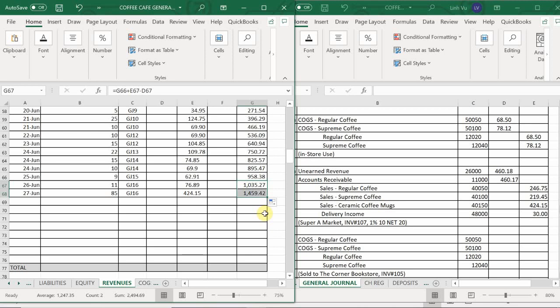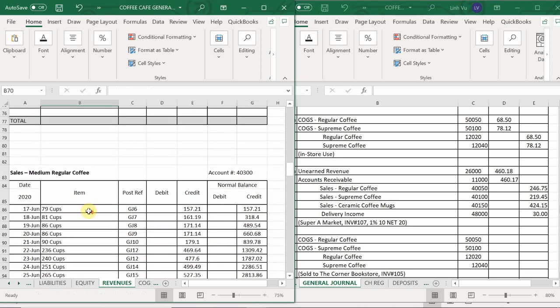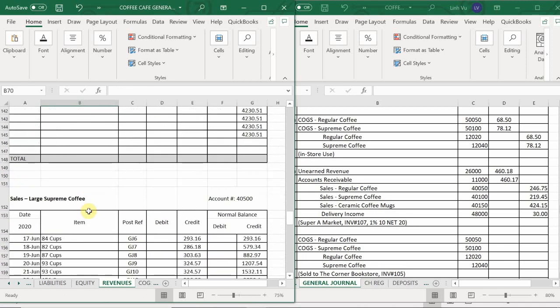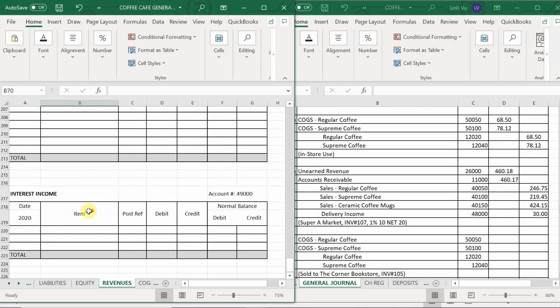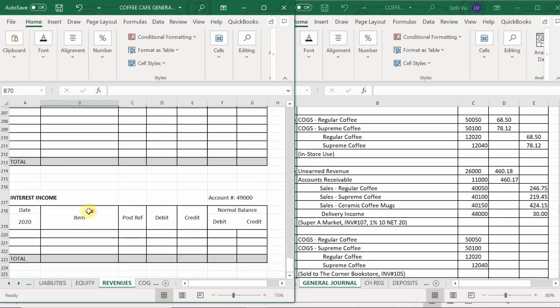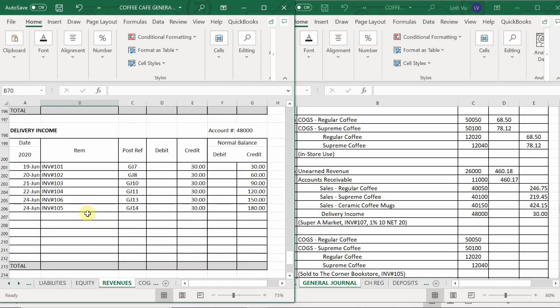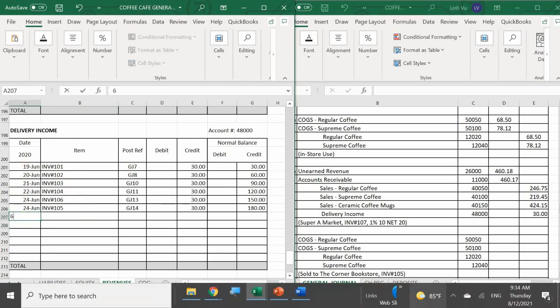Then our last account for the sale is delivery income. Our date is 6/27. Just put Super A Market.